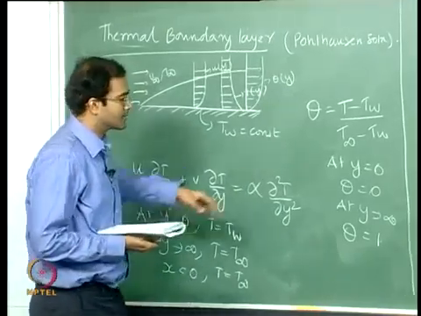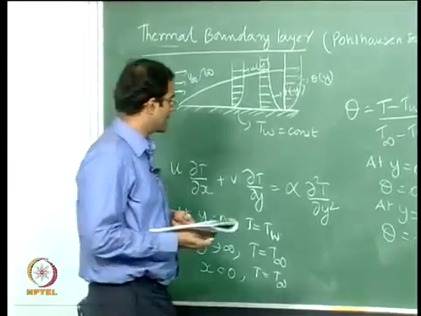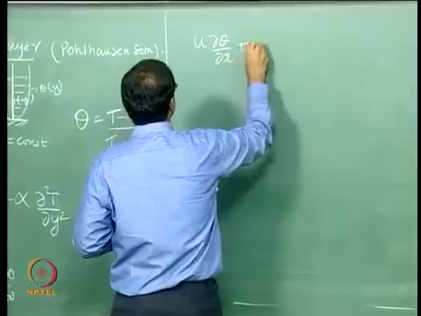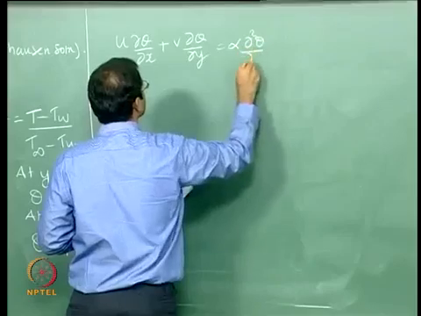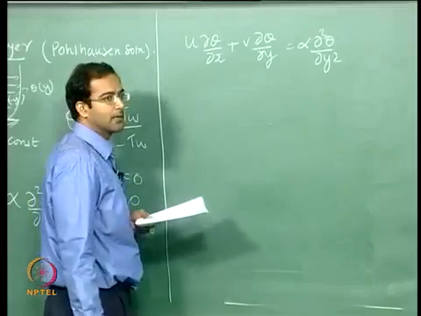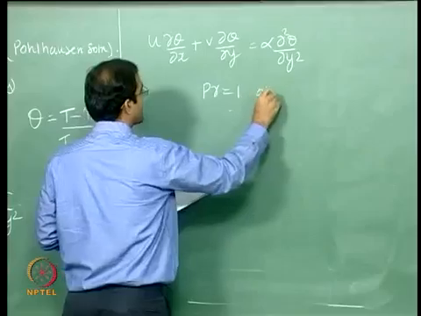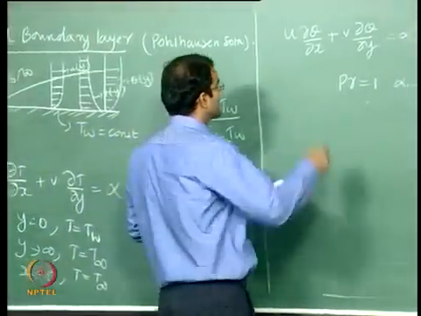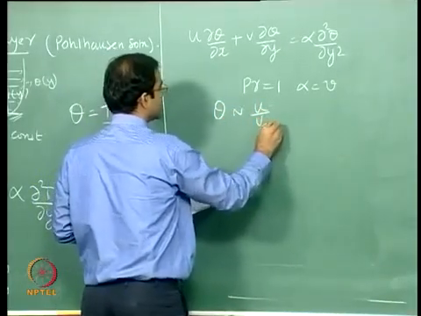Why do I want to do it this way? Now write your equation in terms of theta. This is u d theta by dx equal to alpha d²theta/dy². Suppose I compare this with the momentum equation that I had written, and I assume that the Prandtl number is exactly 1, that is, alpha equal to nu, and I just replace theta with u by u infinity.